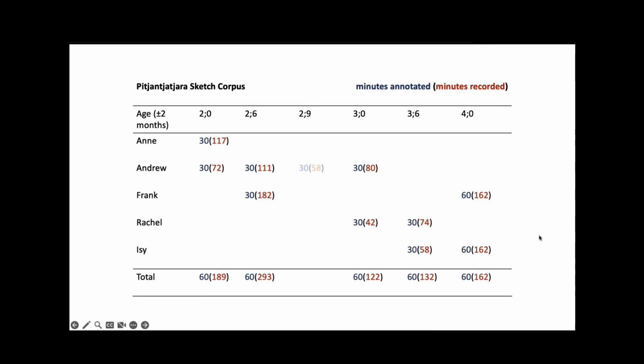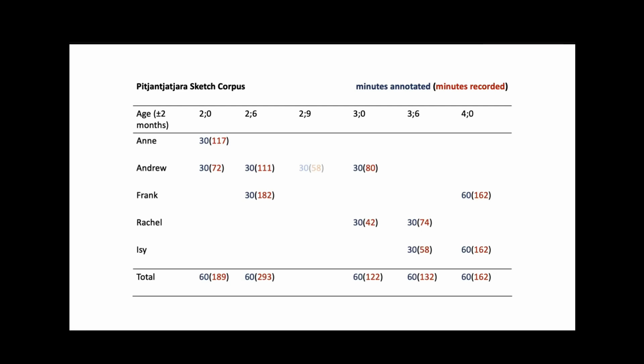And so what we did was construct this corpus with the 5 children, where we aim to have, for each time point from 2 to 2.6, one child for which we have data from each of those time points.